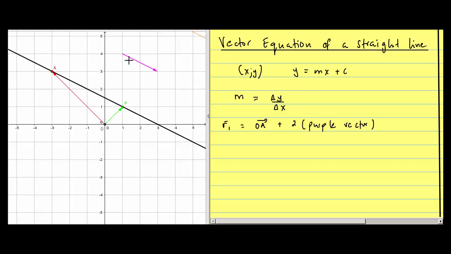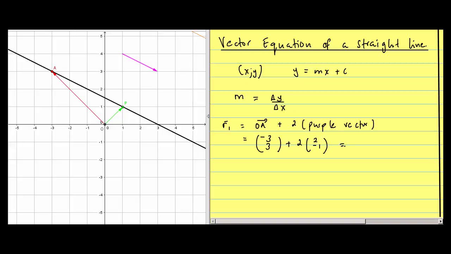As a column vector it's going to be equal to 1, 2 across, so it's 2 and minus 1. And the vector OA is (-3, 3), so R1 is going to be equal to (-3, 3) plus 2 lots of the purple vector, which we've worked out to be equal to (2, -1).